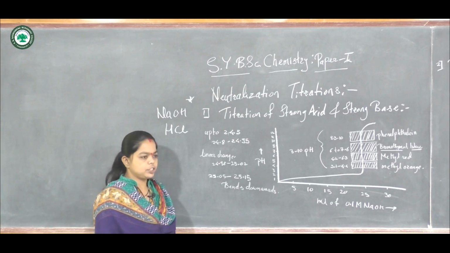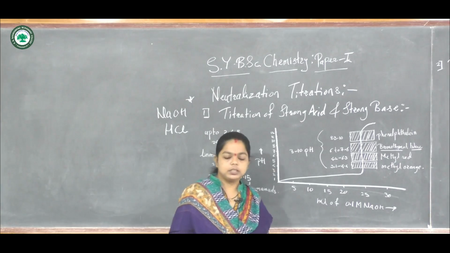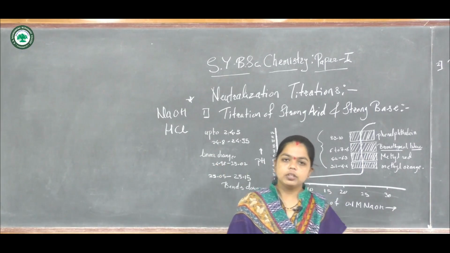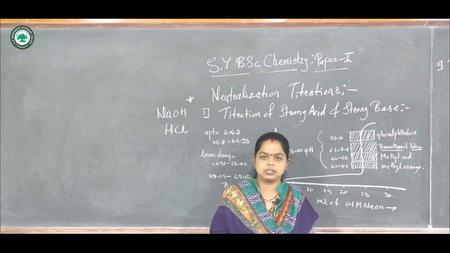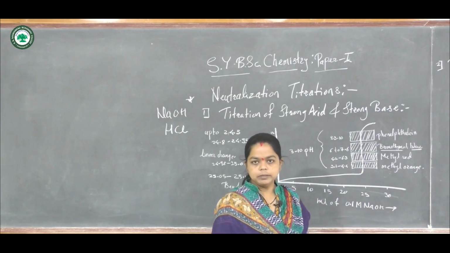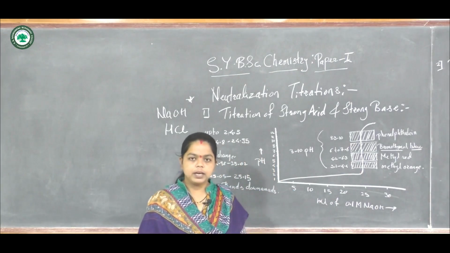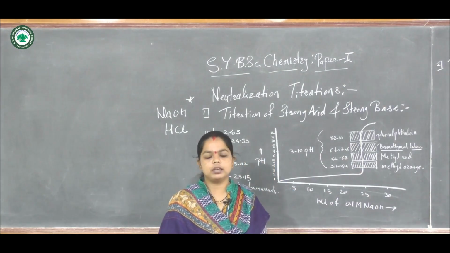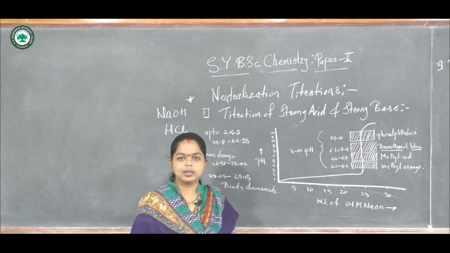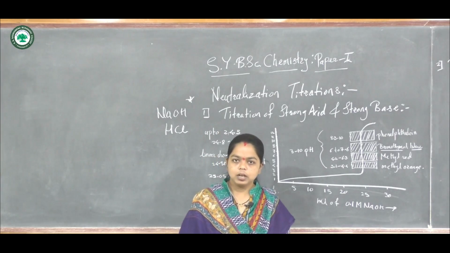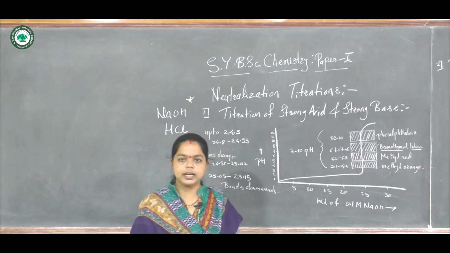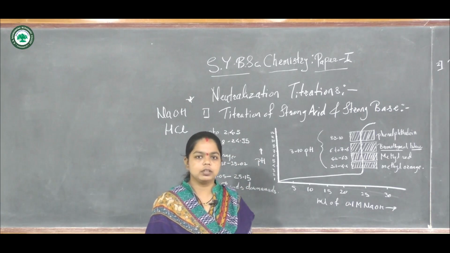In this titration, the substance whose concentration is to be determined, generally the acid, is taken in the conical flask and the base is generally taken in the burette. But whenever we want to determine the concentration of the base, we can fill the burette with the acid and titrate it against the base taken in the conical flask.